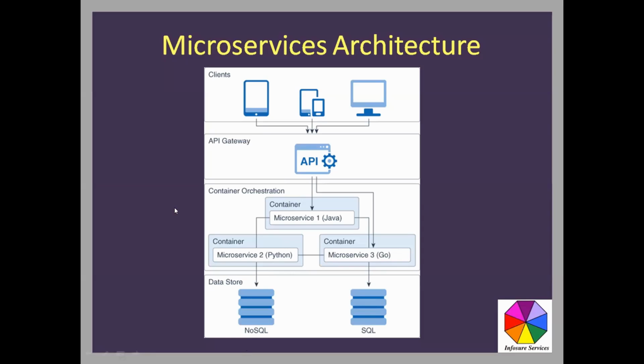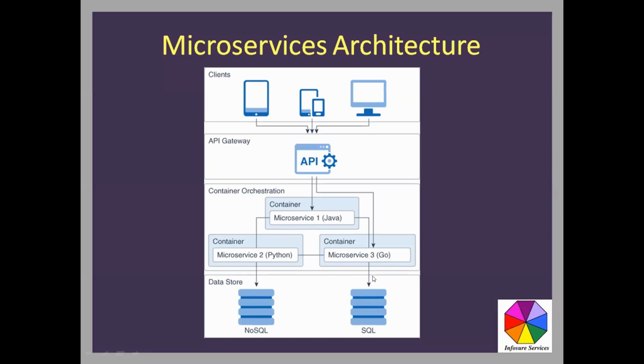Now another container is a Python microservice container, and that could also be connected to a NoSQL database. And this one here is another language called Go, and that is connected to a SQL database. So in the background, there are several types of services: one running a container in Python, another in Java, and the third in Go.